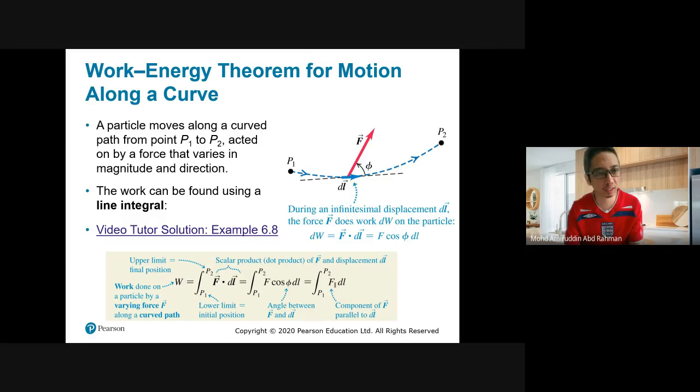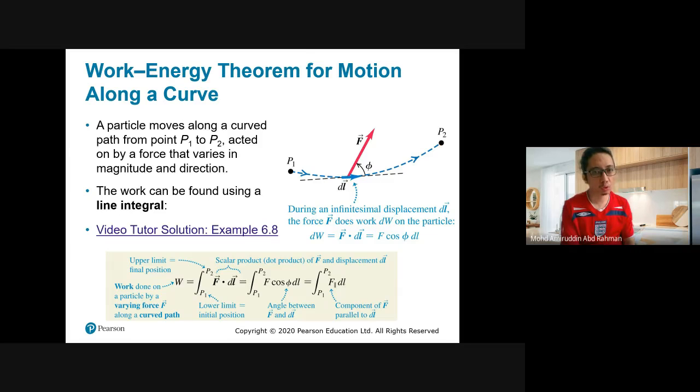Now when it moves in a curve, or let's say a circular motion, we consider the angle and the line integral. You have the curve, so you need to consider the line integral, where you make a tangential line.